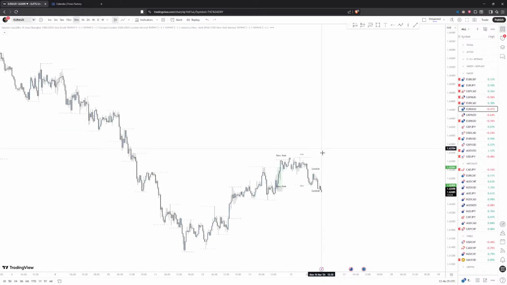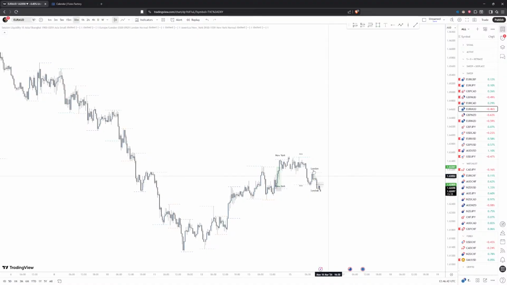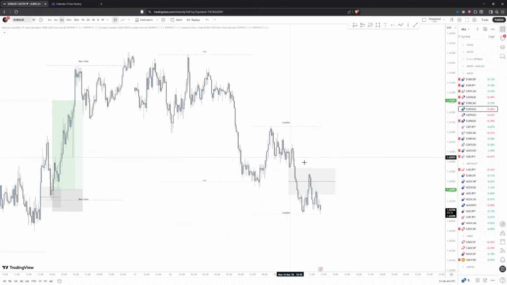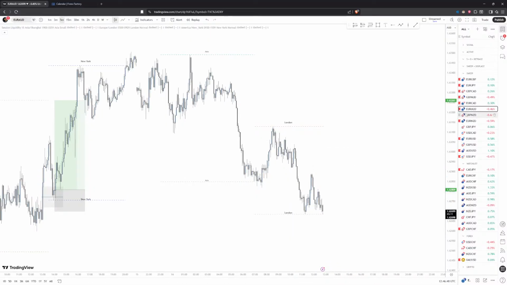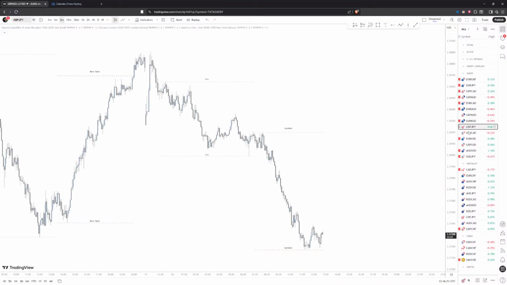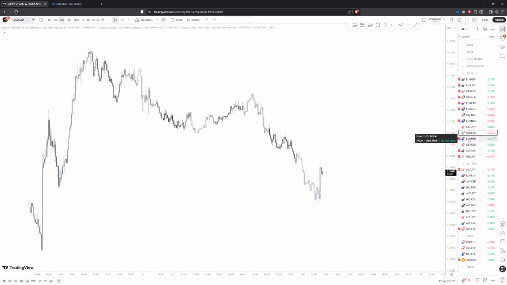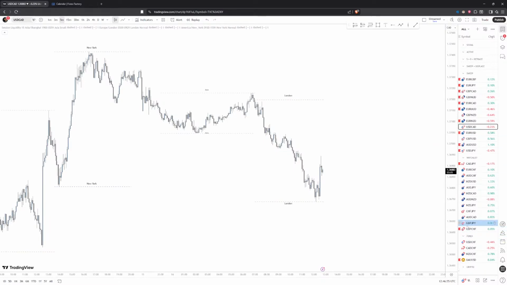Continuation, if anything, and would have probably been looking to get in around here. Here, and this is here. Drag that across. There you go. You have a continuation, but I'm not a fan of it anyway. Already moved.